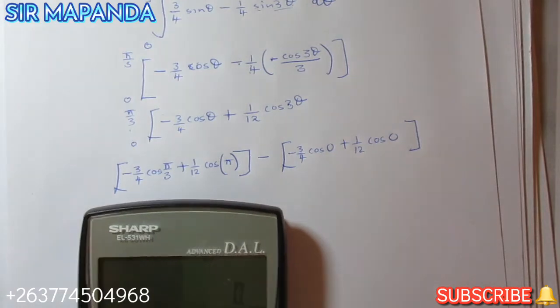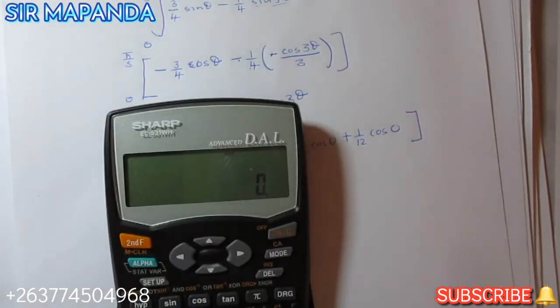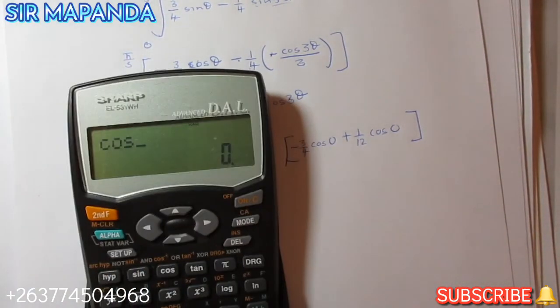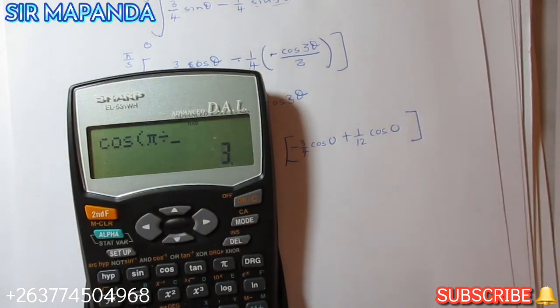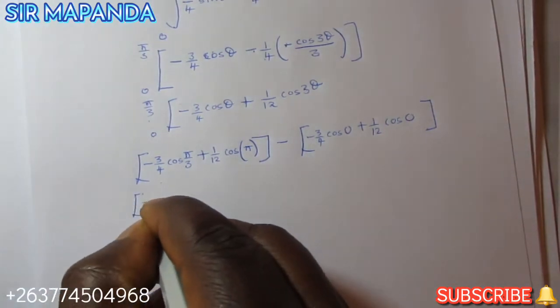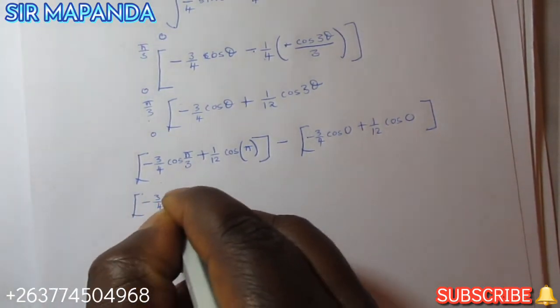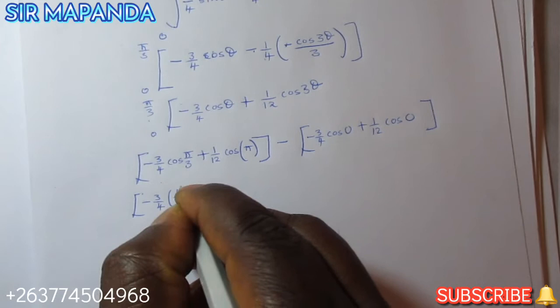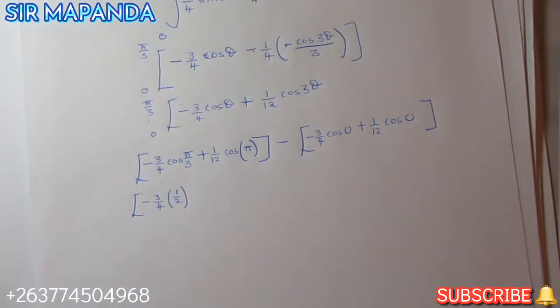Right. So I'm going to start by identifying cos pi divided by 3. Cos pi divided by 3, you get 0.5, which is a half. Right. So in this, we have minus 3/4, open bracket, half, representing cos pi over 3.